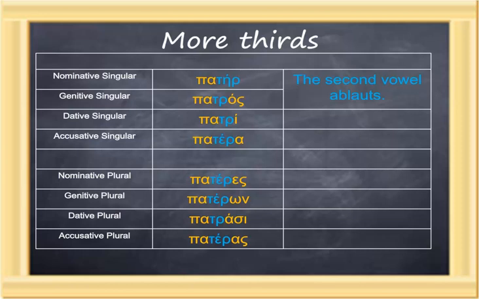That vowel of the second syllable is epsilon. One can see it in the accusative singular, the nominative plural, the genitive plural, and the accusative plural. That can either lengthen to eta, as in the nominative singular, or it can drop out, as in the genitive singular, the dative singular, and the dative plural.